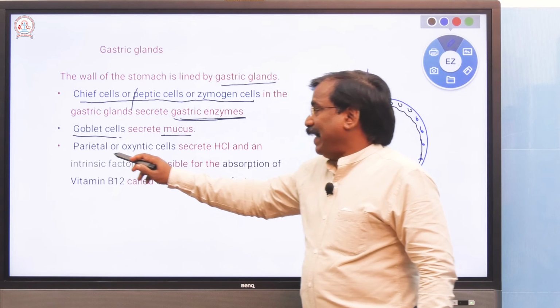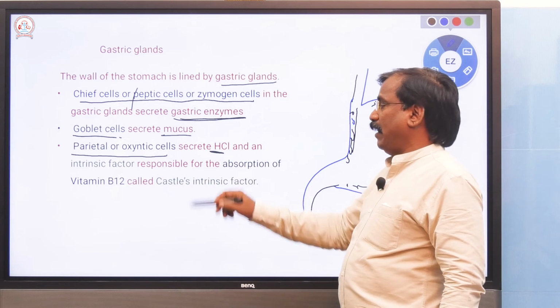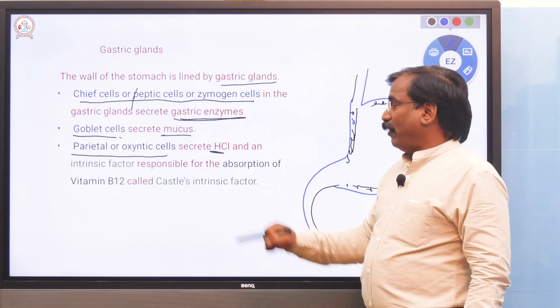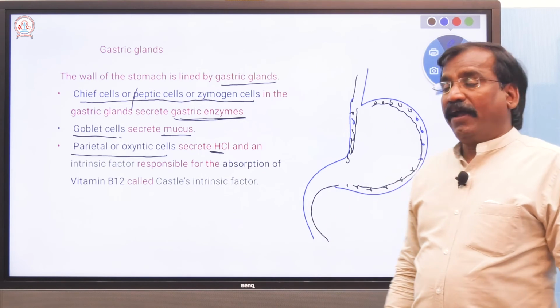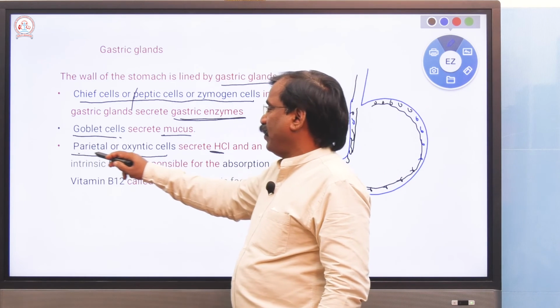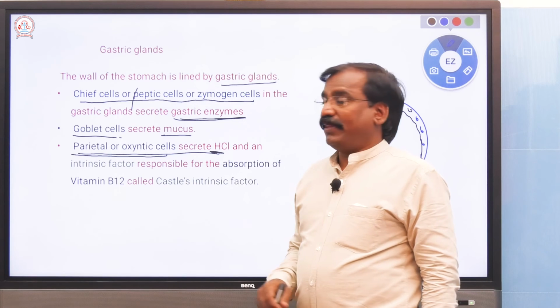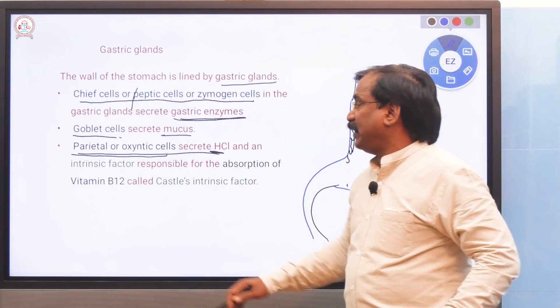Parietal or oxyntic cells secrete HCl. This is a most frequently asked MCQ: HCl is secreted by parietal or oxyntic cells.